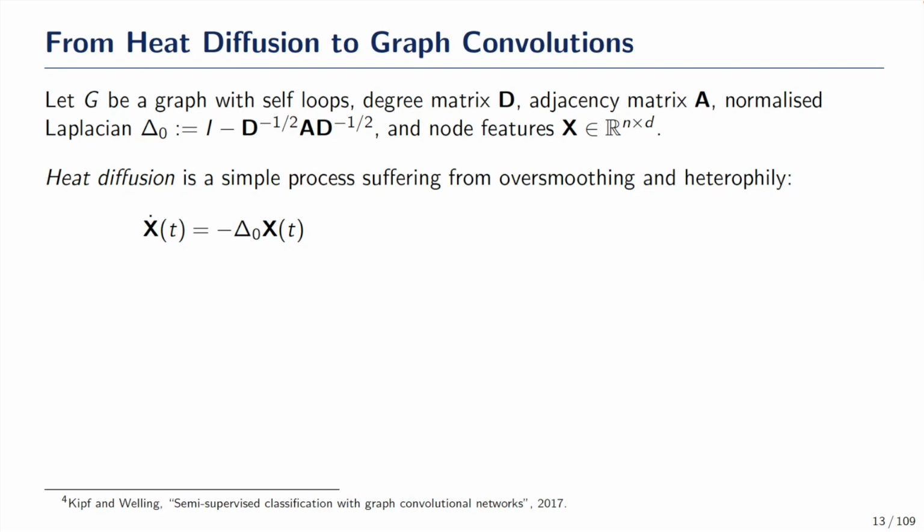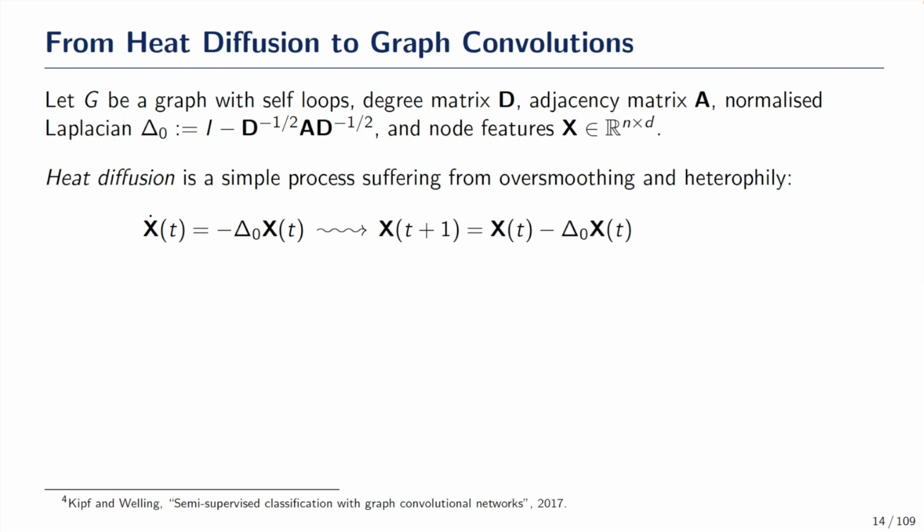At the same time, if you have lots of connections between things you want to separate, those are the first things that you will smooth. So you make things that are different but connected more similar, making the things you want to distinguish more alike. You can see how both problems show up in this process.